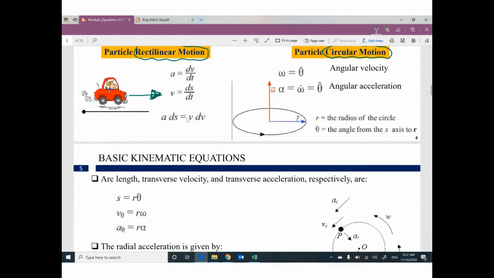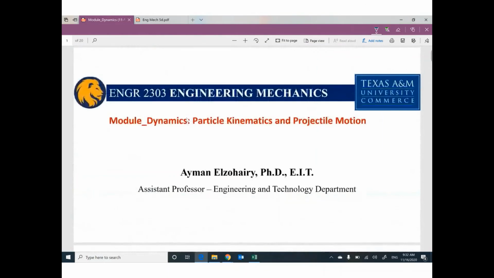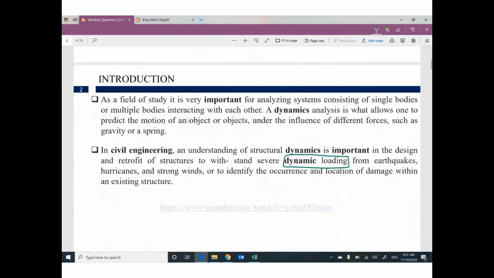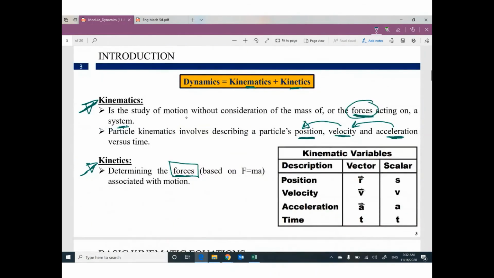So today is just an introduction about our new topic, which is dynamics. Dynamics means we will study the particle or the structure under the effect of dynamic loading. Dynamics can be divided into two main topics, kinematics and kinetics. Kinematics means we will consider the particle's position, velocity, and acceleration regardless of how much force is affecting this body.